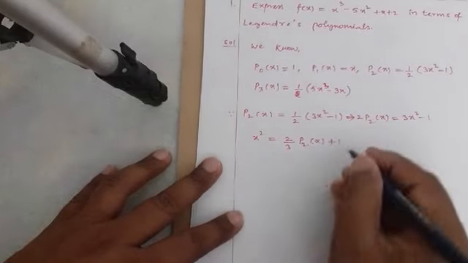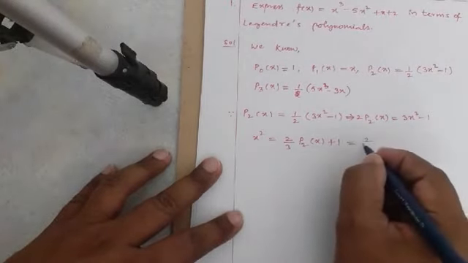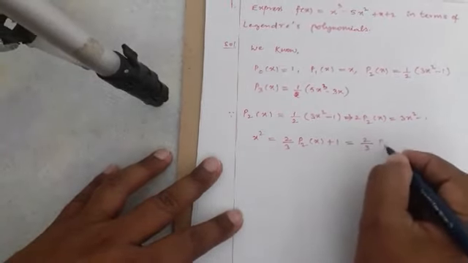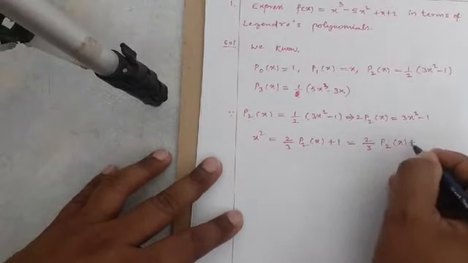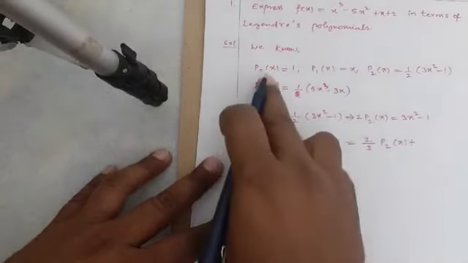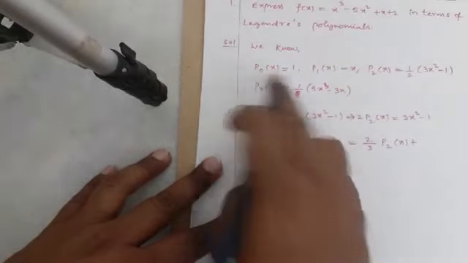So x square is equal to 2 upon 3 P2 of x plus, in the place of 1 I substitute P0 of x.